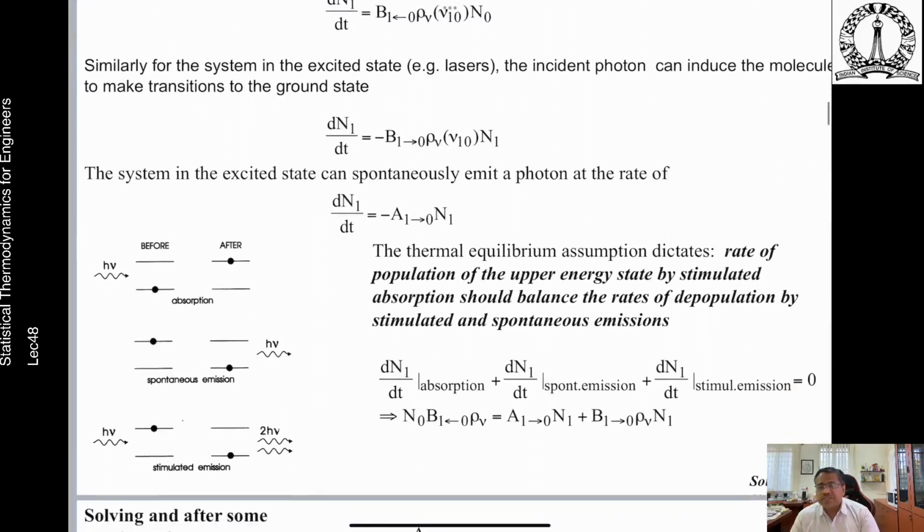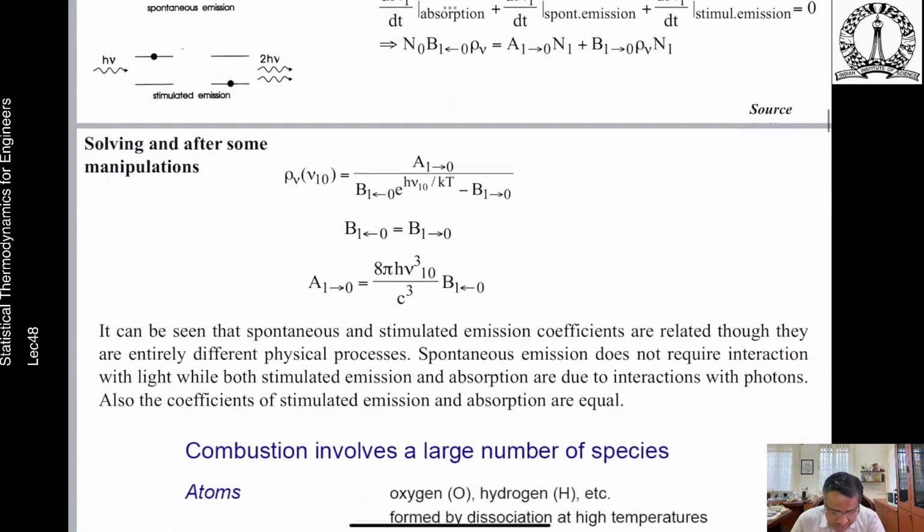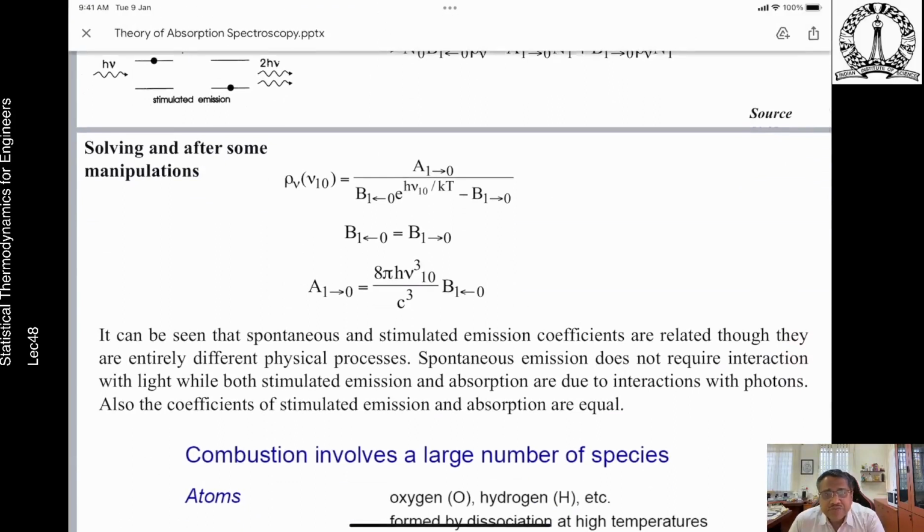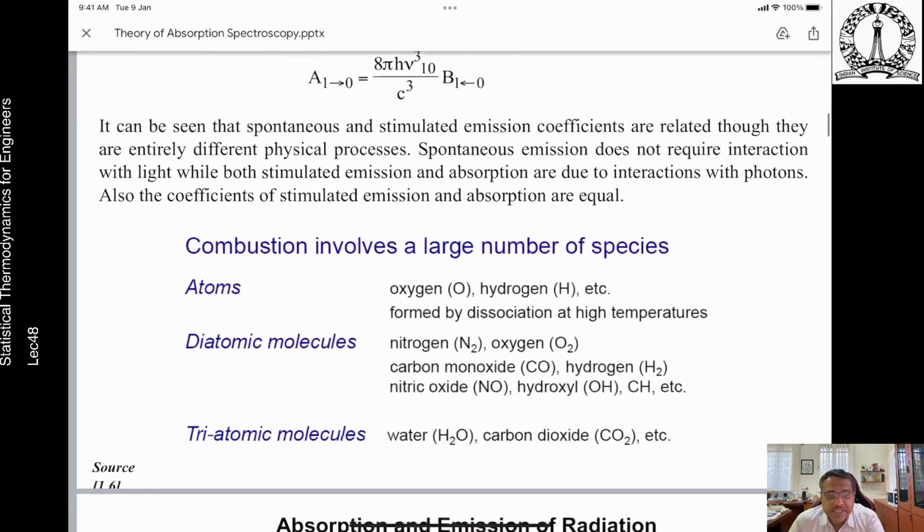So these were the different rate constants, the different rates of population of the upper state and the lower state. And this is how we calculated, if you recall, how the spontaneous and the stimulated emission coefficients were related.